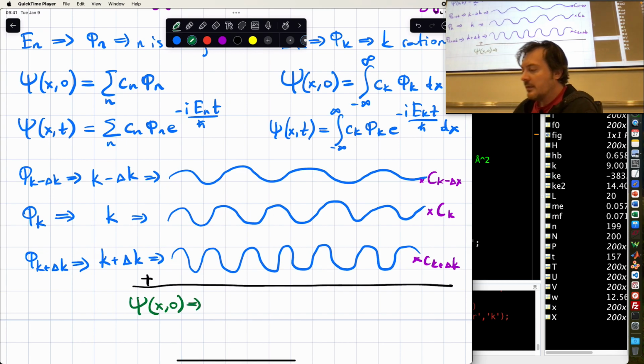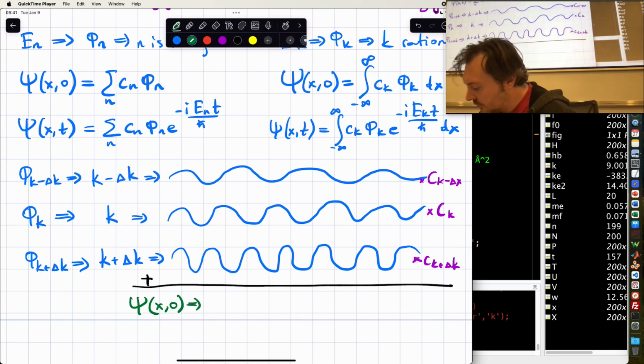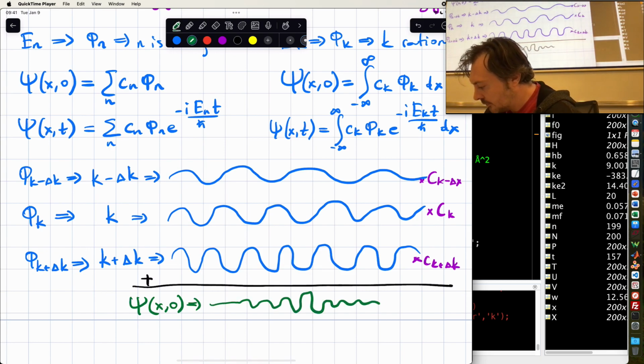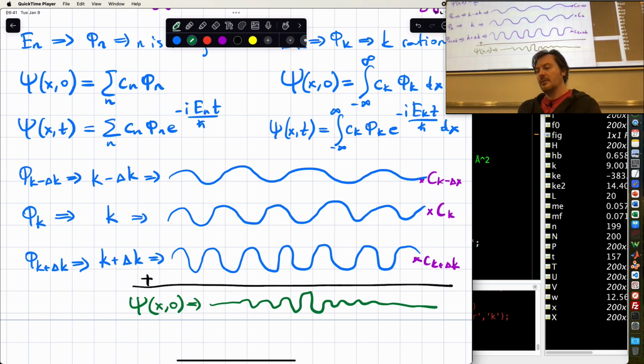And it is possible to get something that looks like a package. If you use certain ratios of the coefficients, you can create a wave package instead of a wave that extends to infinity.